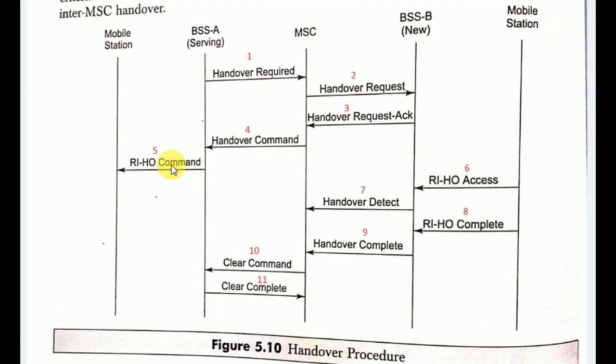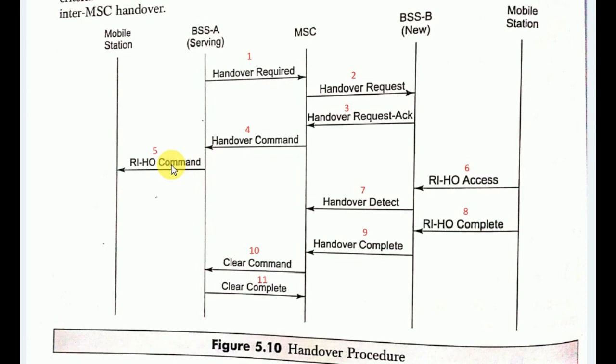In this figure you can see the handover access burst signal, signal number 6, that contains the received handover reference number. So this RIHO access message contains a reference number.